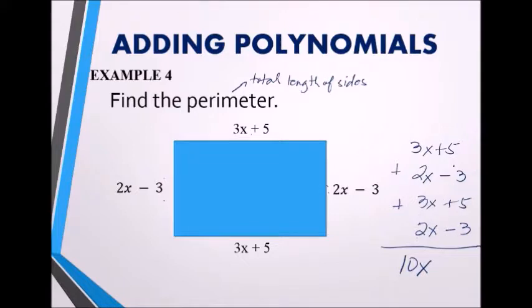Or pwedeng isipin mo, 5 minus 3 is 2. Plus 5 is 7. Minus 3 is 4. So, this is positive 4. Okay? So, hindi tayo magkakaroon, again, ng iisang answer dahil po wala naman tayong binigay na value for the variable na given.